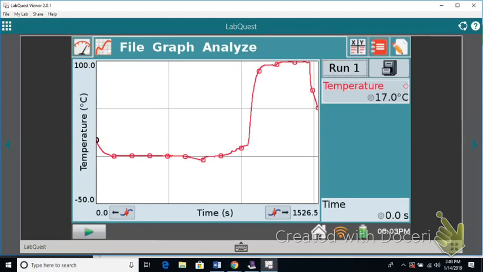And the third thing is going from a liquid to a gas. So that's the very end of your graph. Not this end of the graph, that's where they took it out.